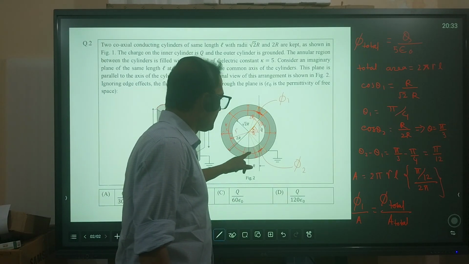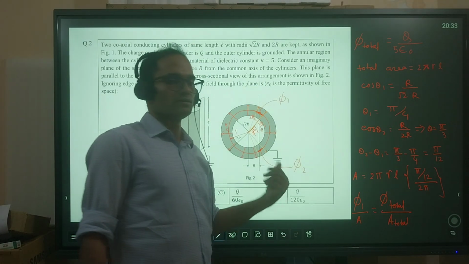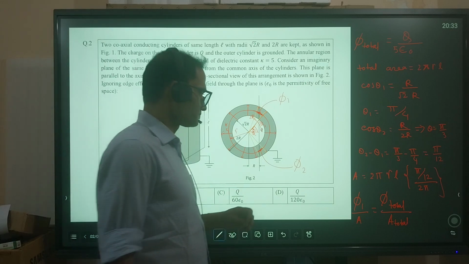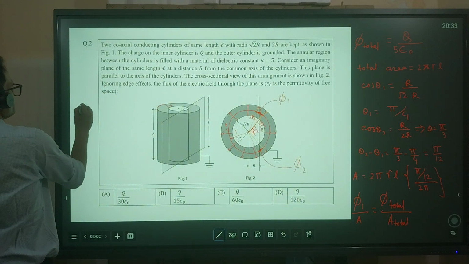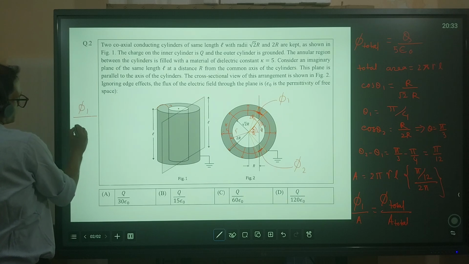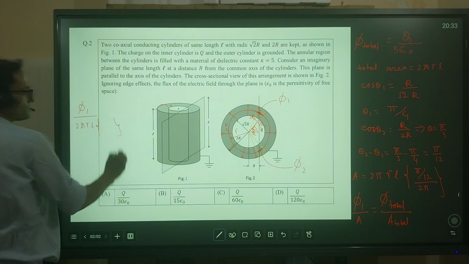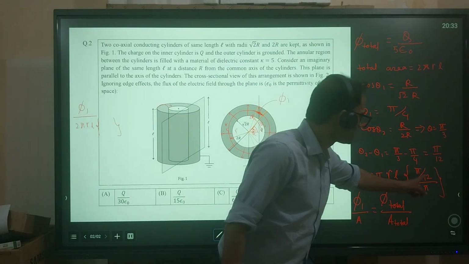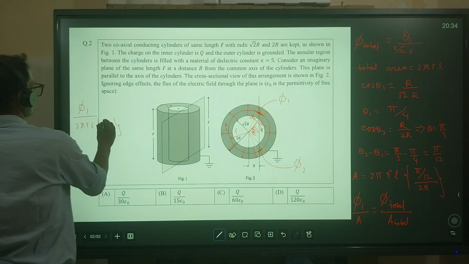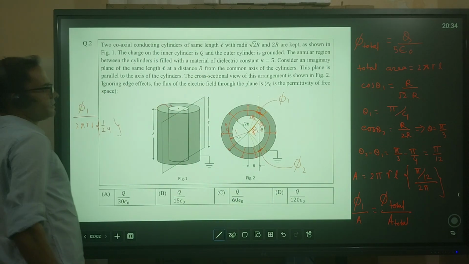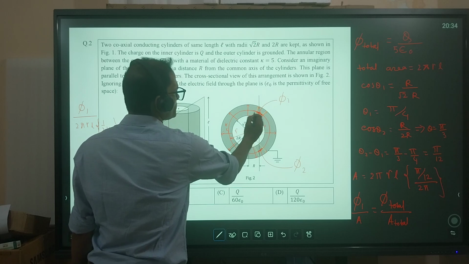If this is half the area, it will take half of the flux; full area, full flux. So phi 1 by the total area 2 pi RL, this was how much? 1 by 24. So basically this area is only 1 by 24 of the total area.